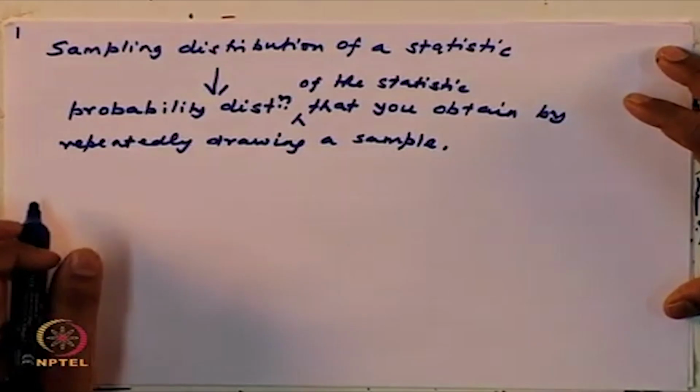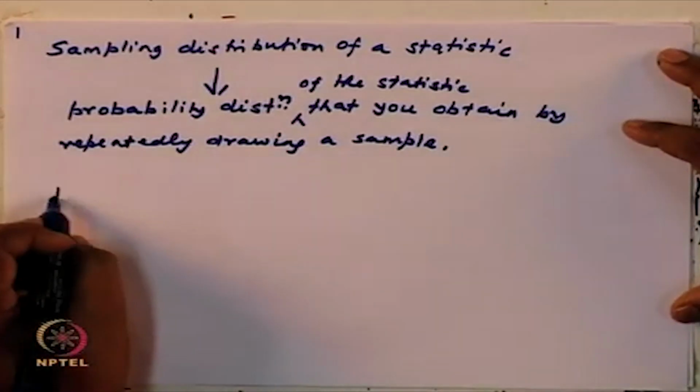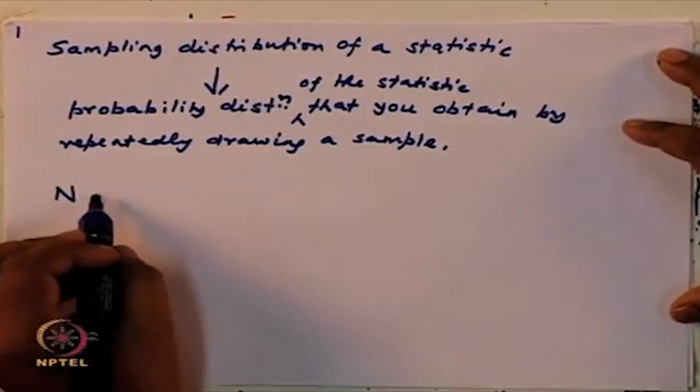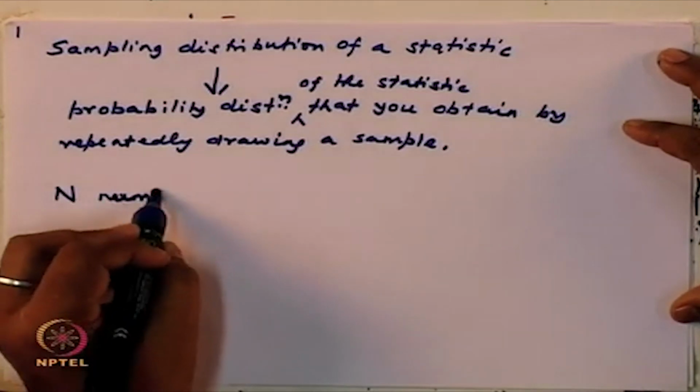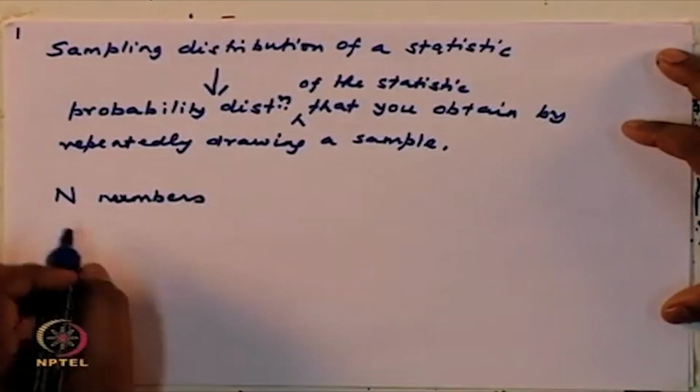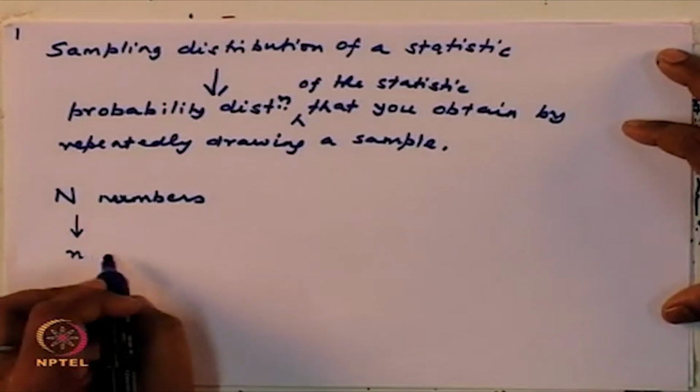In other words, imagine you have a population of n numbers, and from this you draw a sample of n numbers.